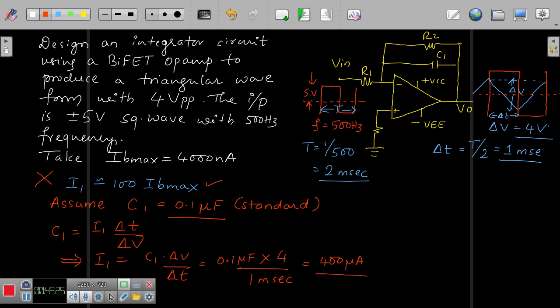Both are same, sir. Same, because the values are taken in such a way that both should give us the same value. But in some other examples, it may not be the same case. Here the values are chosen in such a way that you either use this formula or you use this formula, you are going to get the value of I1 same.